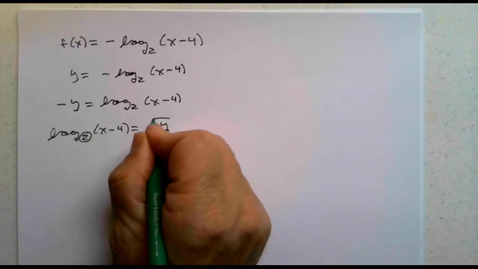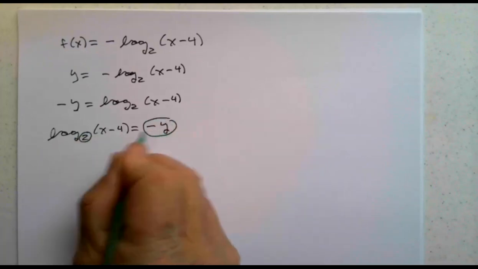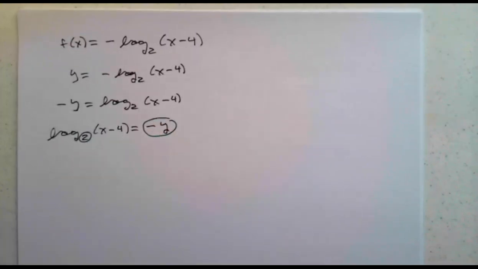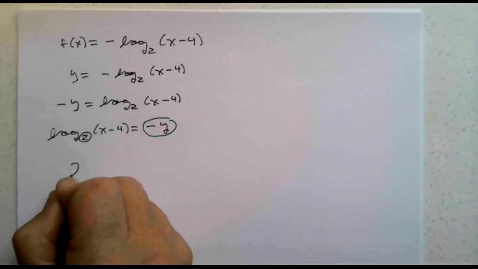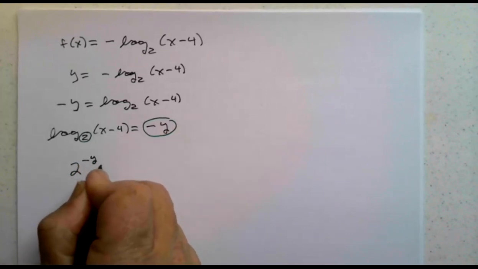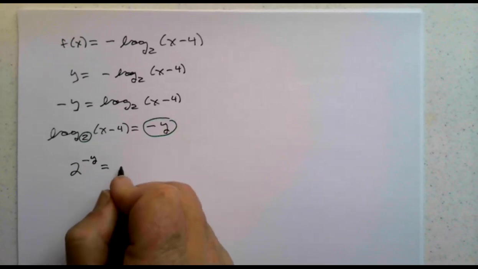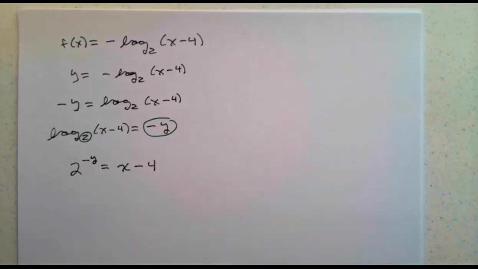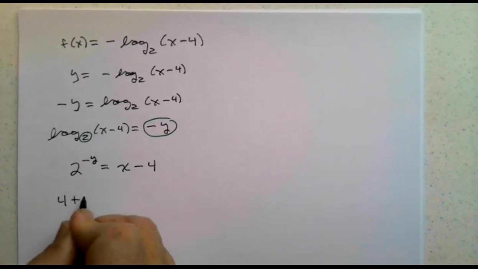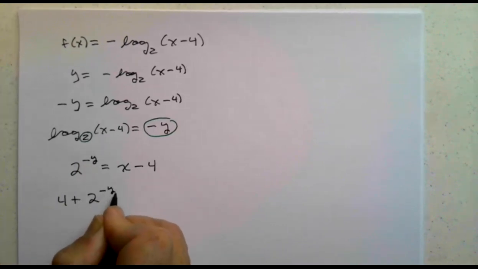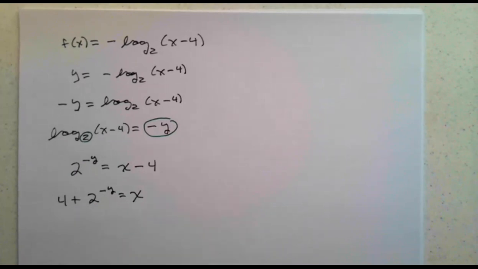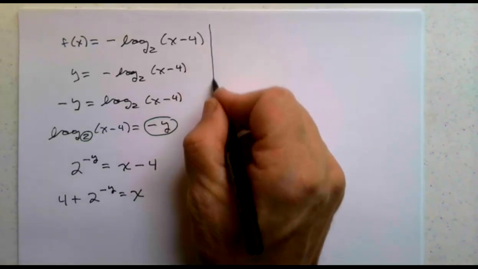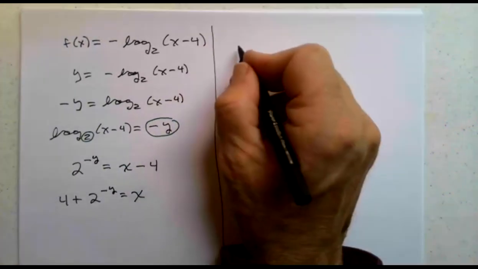The exponent is negative y. 2 to the negative y will equal x minus 4. So rewriting from log form to exponential form, 2 to the negative y equals x minus 4. Let's add 4 to both sides. So 4 plus 2 to the negative y equals x. And that is what I'm going to use to create my table.